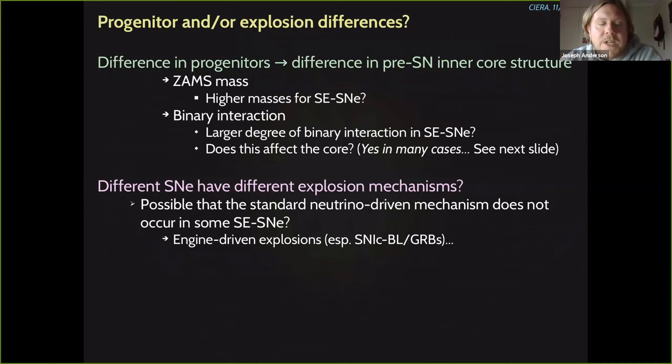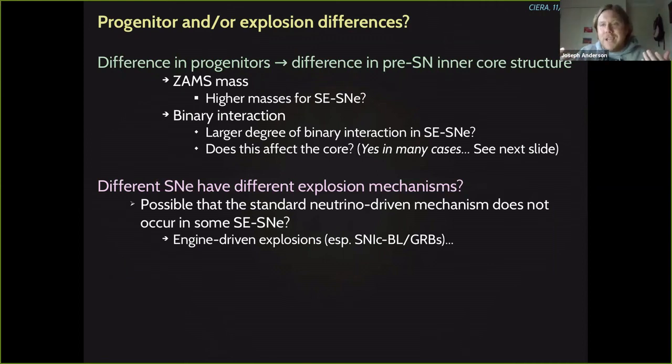The other possibility is that maybe different supernovae have different explosion mechanisms. So maybe this assumption that the majority of core collapse supernovae are being produced by the same standard neutrino-driven mechanism is not correct. Maybe in some stripped envelope supernovae that have these very high nickel masses, there's a different powering source.